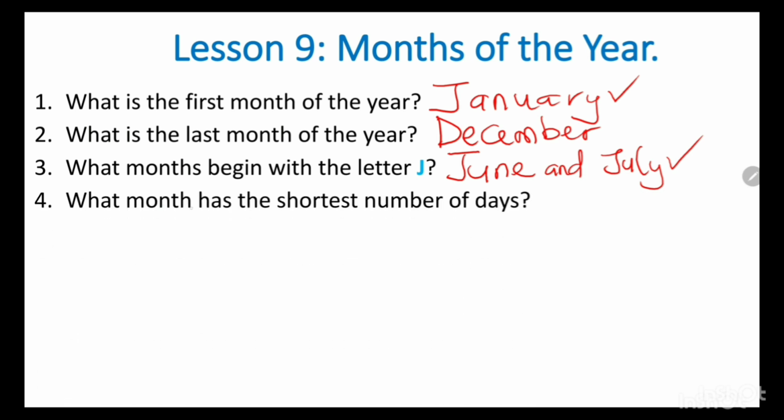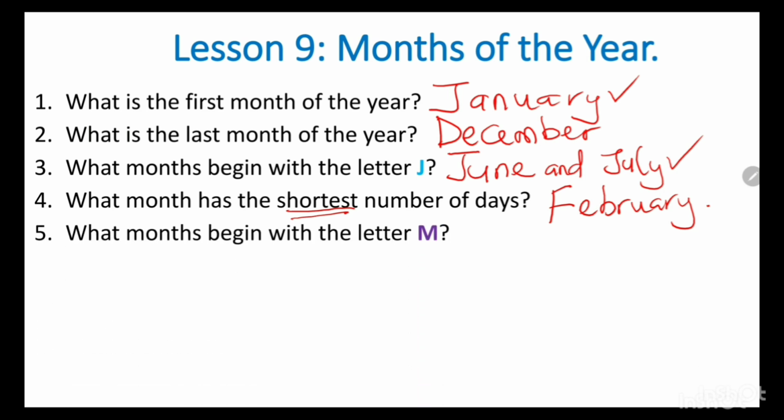What month has the shortest number of days? This is something new for you. Okay? If it is new for you, never mind. You just learned it. Now, if you don't know the answer, it starts with an F. There's only one month of the year that starts with an F. February. February, okay, is the month that has the shortest number of days.